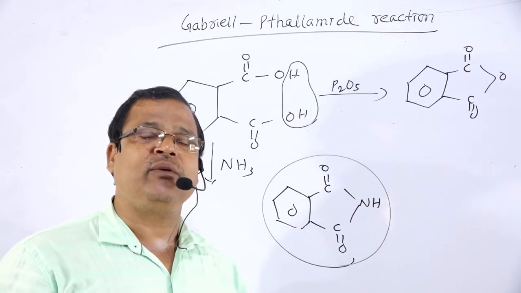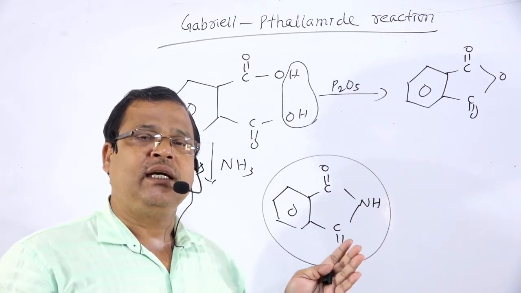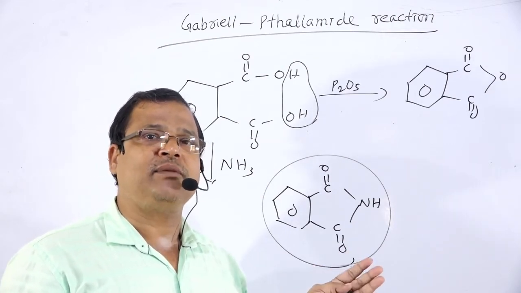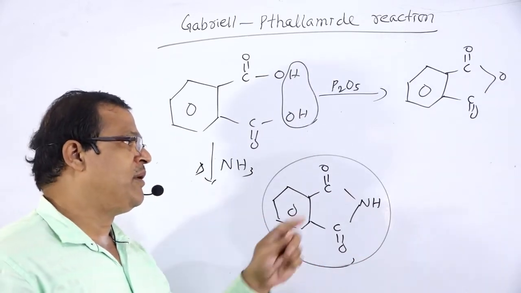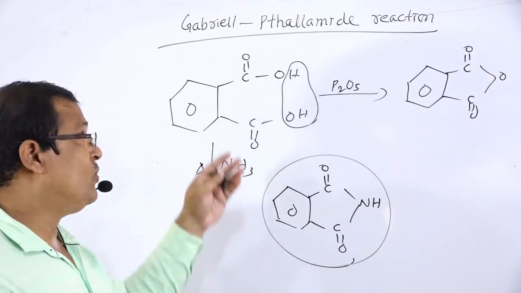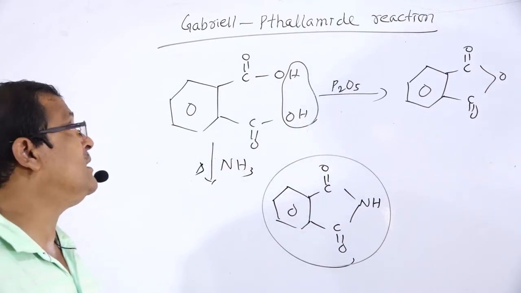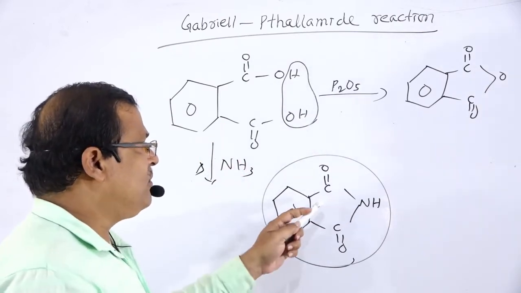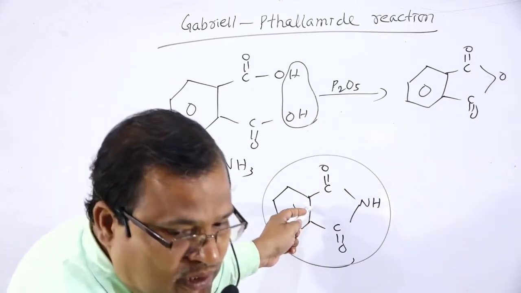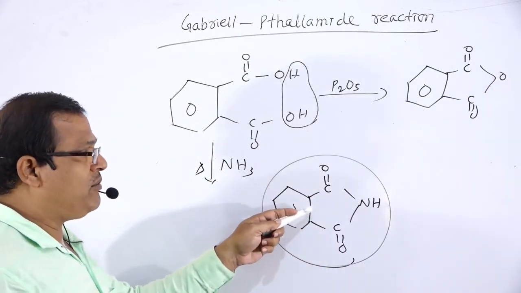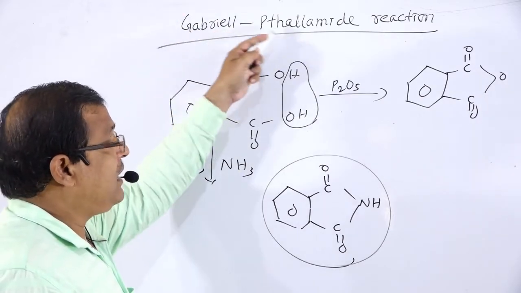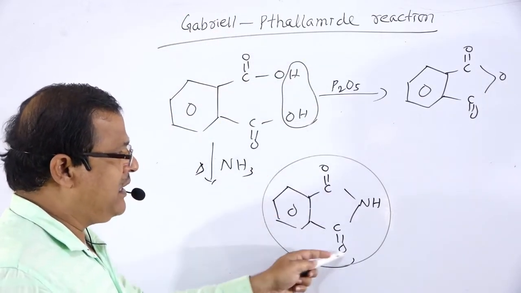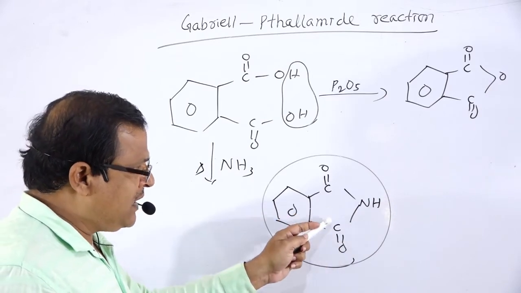Again that is treated with alkyl halides, followed by hydrolysis, to give the products. We will explain the Gabriel phthalimide reaction by taking this example, with phthalimide as the starting material.